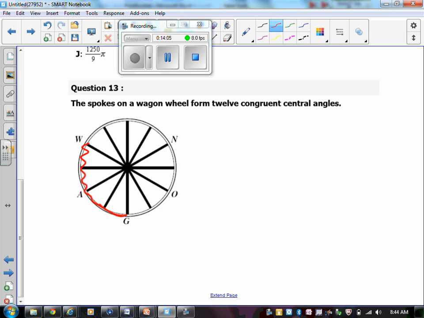So it's 12 congruent parts, right? So I have to do 360 divided by 12. 360 divided by 12 gives me 30. So each of the sections is going to be 30 degrees. So this would be 30, 30, 30, and 30. So I have 1, 2, 3, 4. So WG would be 4 times 30.